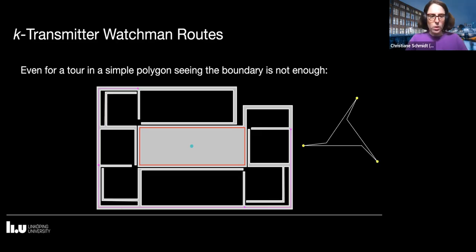This is what we call in CG Gottfried's favorite polygon, by Gottfried Toussaint. If you place a guard at each of these yellow spike tops, then you can monitor the entire boundary, but you don't see the interior. And you don't have that for simple polygons and normal visibility, zero transmitters. But as soon as you go to two transmitters, you again have that even if you see the complete boundary, you will not see all of the interior.